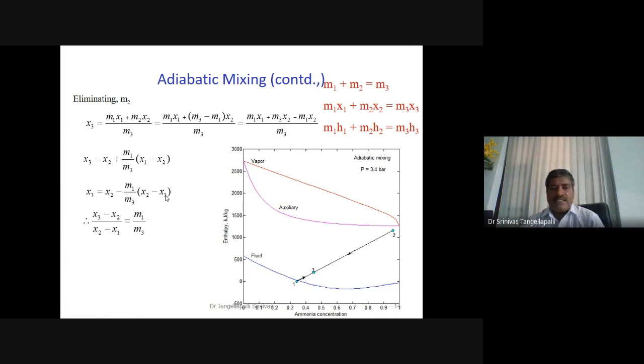So finally, the simplified equation is M1 by M3 is equal to X3 minus X2 by X2 minus X1. Is it clear, or are there any mistakes here?